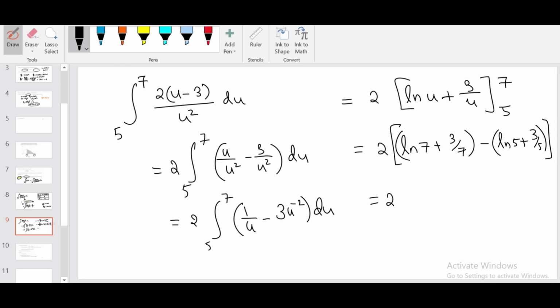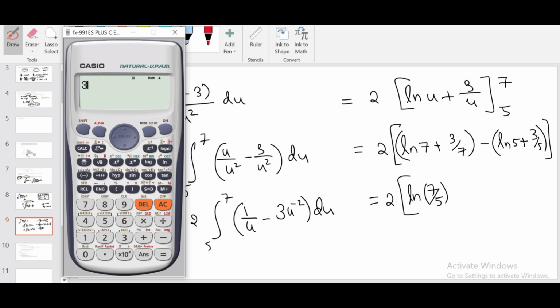So it's going to be 2 times (ln 7 minus ln 5, which is ln 7 over 5), plus 3 over 7 minus 3 over 5. You get minus 6 over 35.